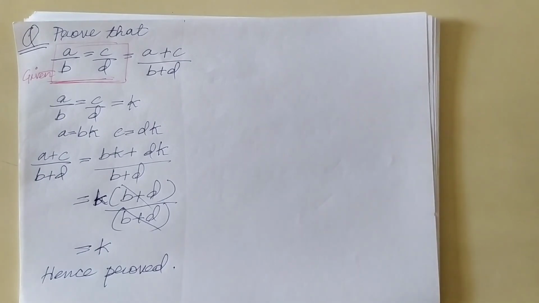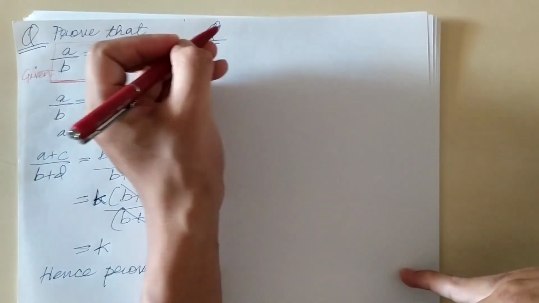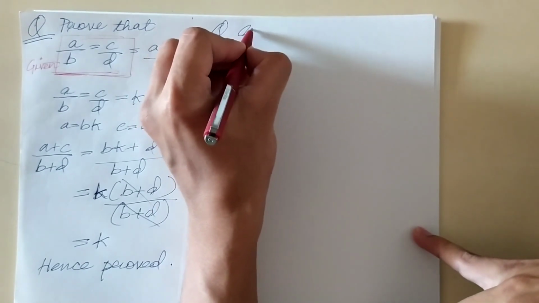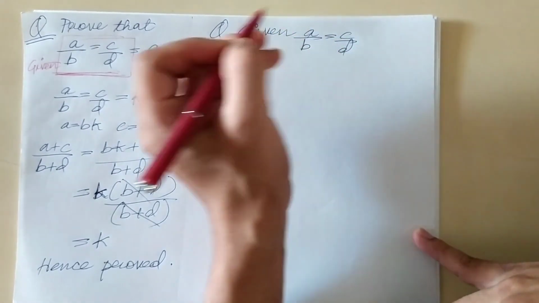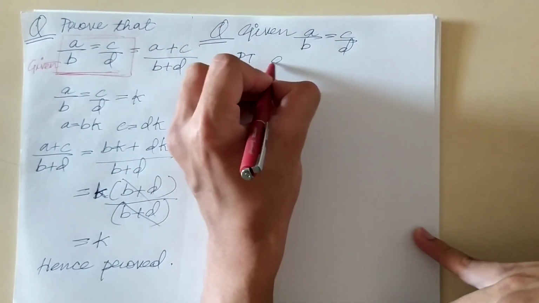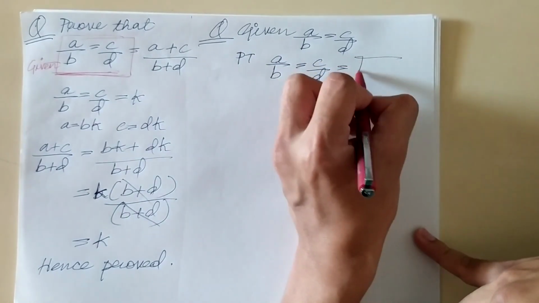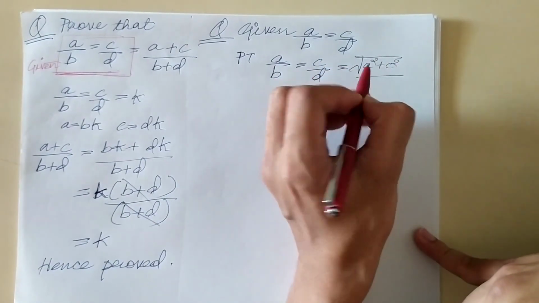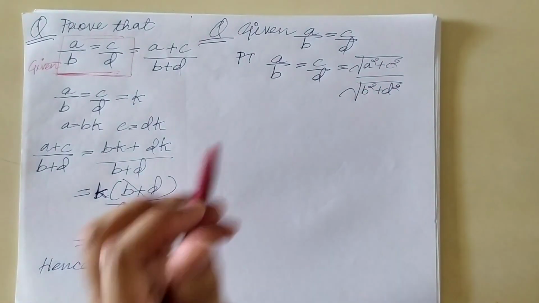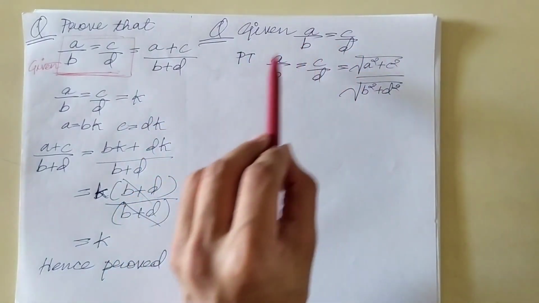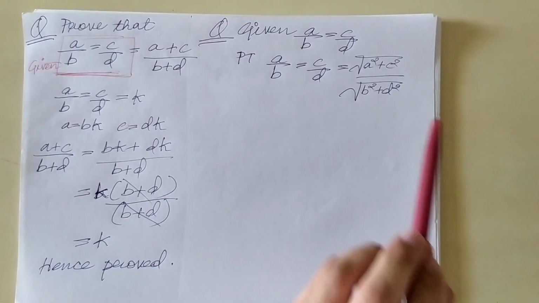Now a similar question on ratio and proportion is as follows. Given that a by b is equal to c by d, we have to prove that the ratio, that is a by b equal to c by d, is also equal to under root of a square plus c square upon under root of b square plus d square.